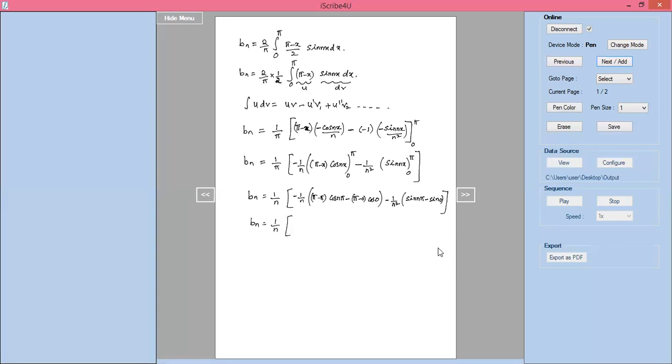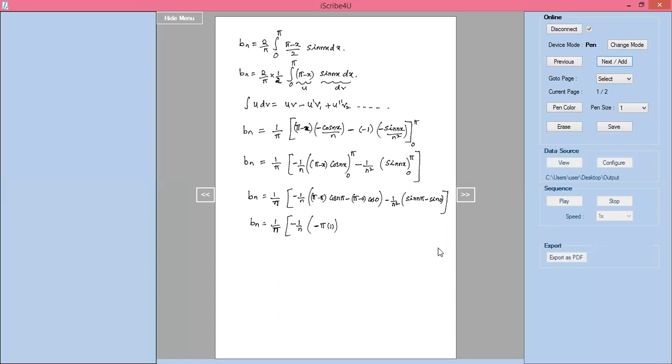So this is 1 by pi into minus 1 by n. The upper limit pi minus pi is 0, and pi minus 0 is pi into cos 0, so minus pi into cos 0, and cos 0 is 1.